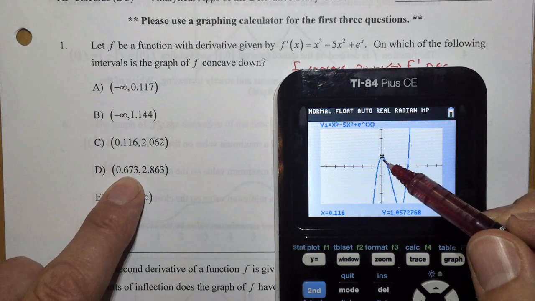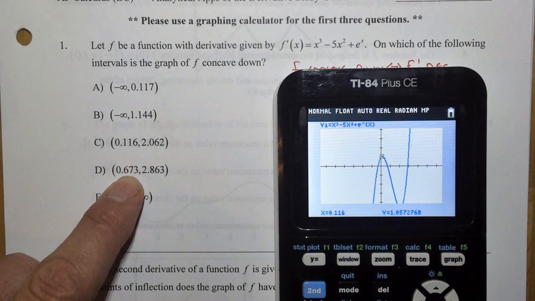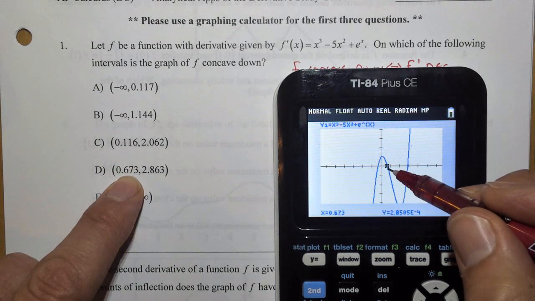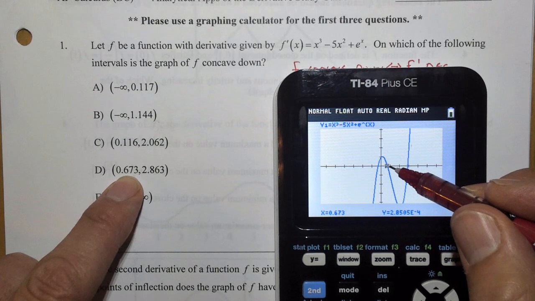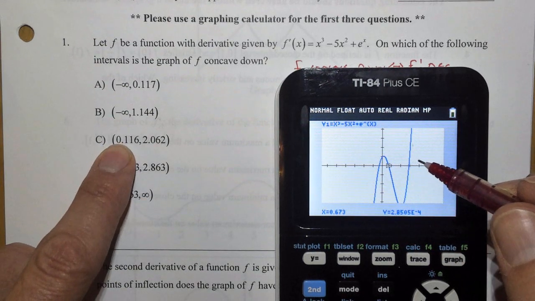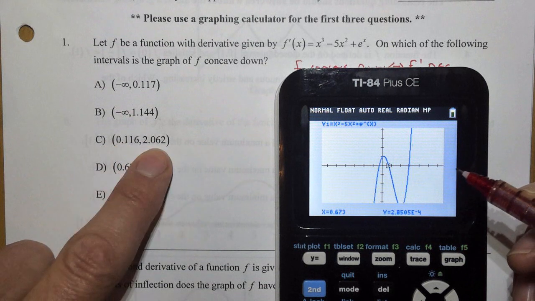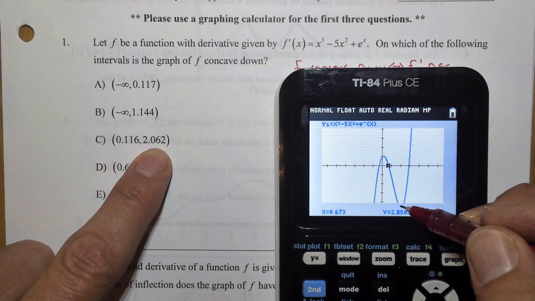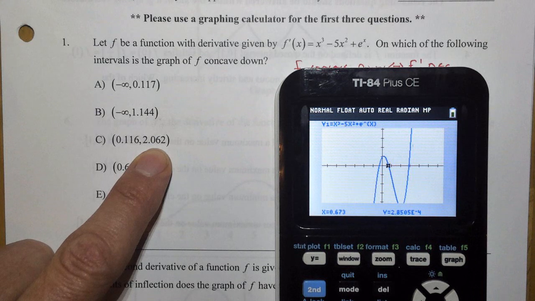But I do also have a 0.673, so maybe I'll trace to that, and I can see that's actually where the function crosses the x-axis.